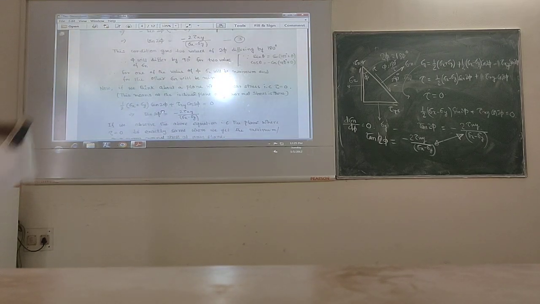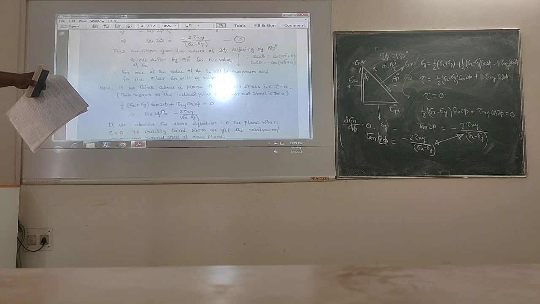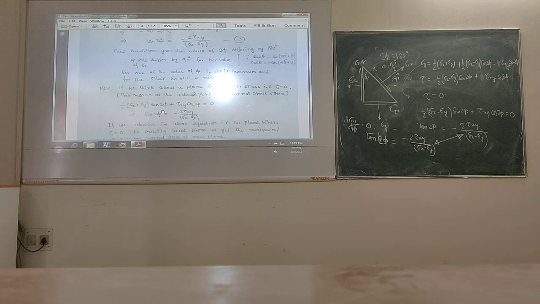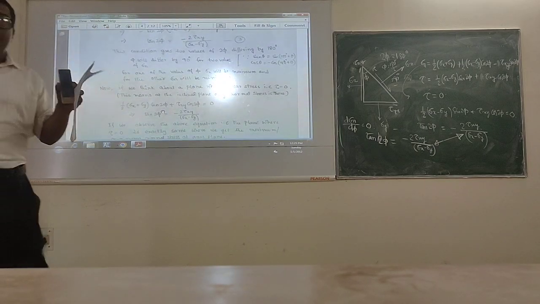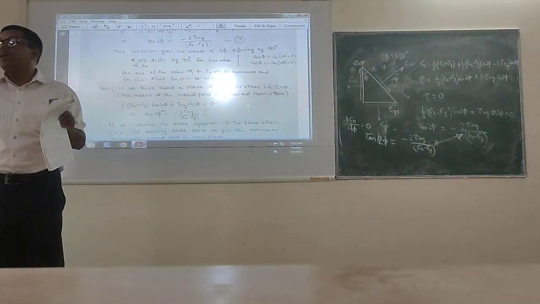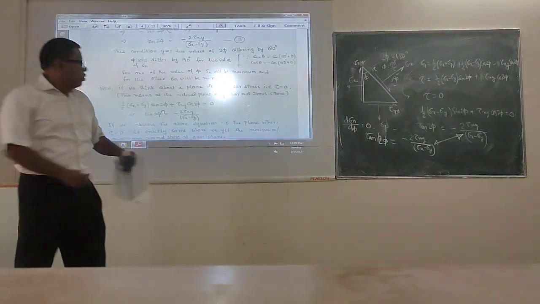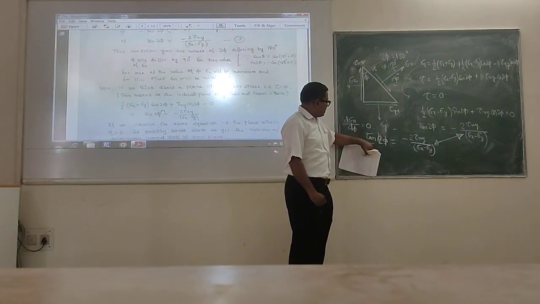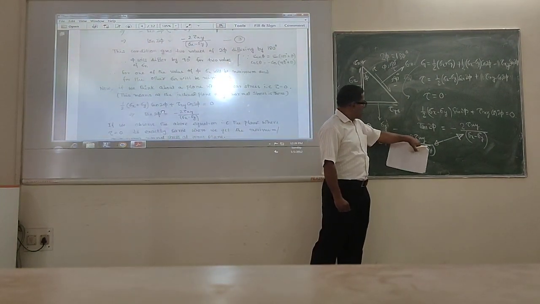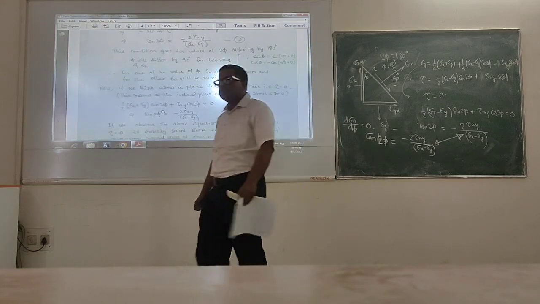Have you understood? Because from the relation, with a small assumption, we have proven that for both the maximum-minimum condition of normal stress, and the condition of assuming shear stress becomes 0, we get the equation tan 2 phi equal to minus 2 tau xy by sigma x minus sigma y.